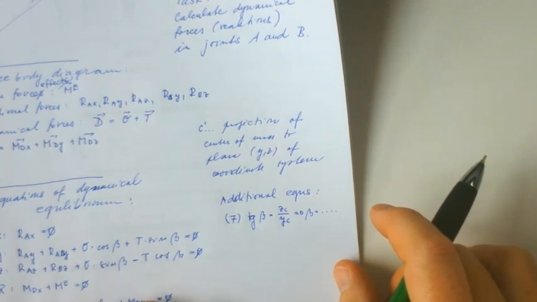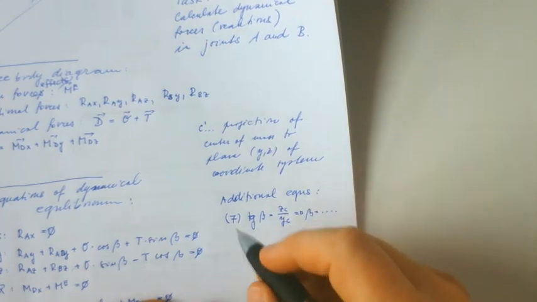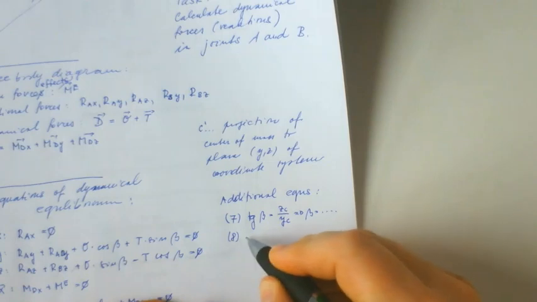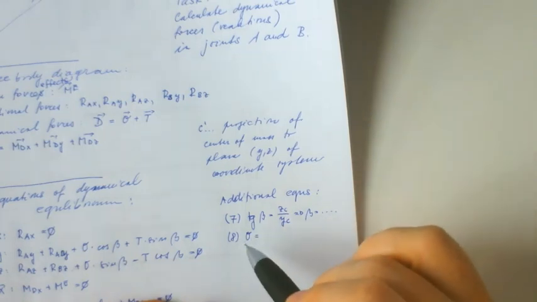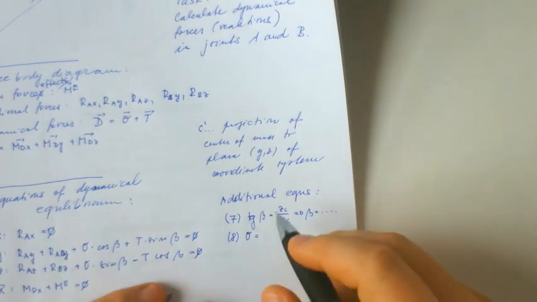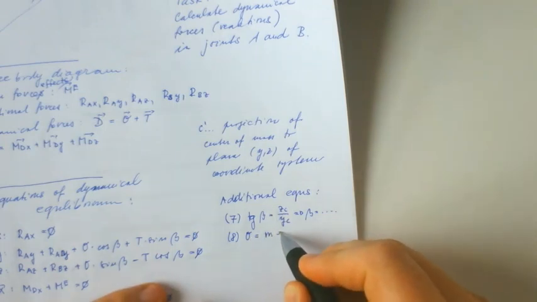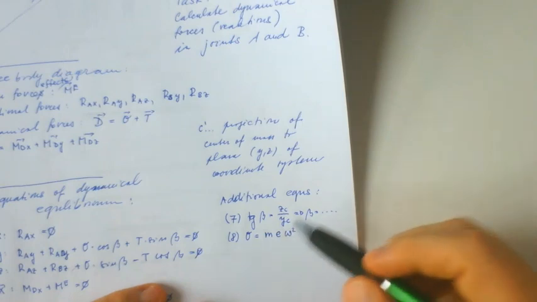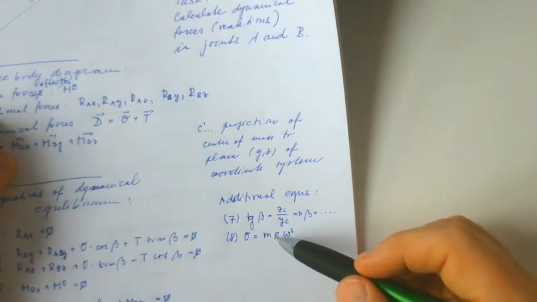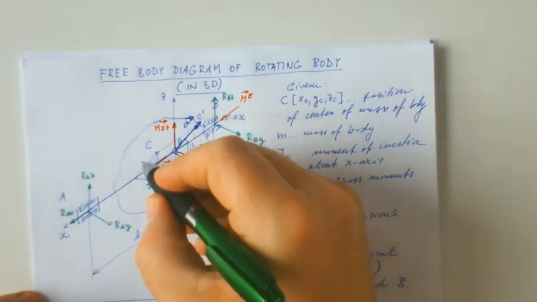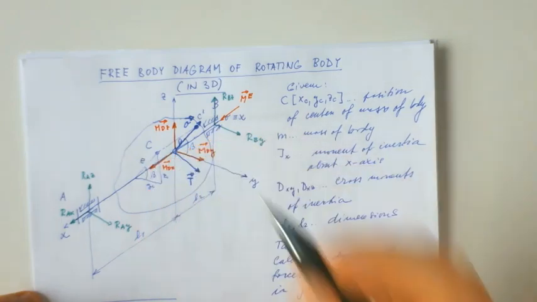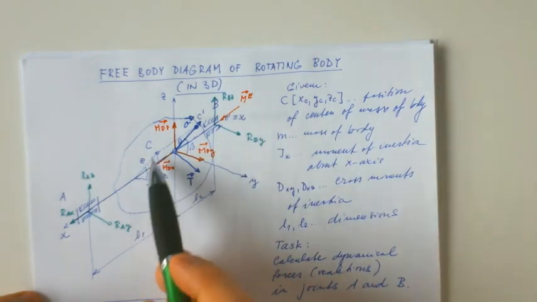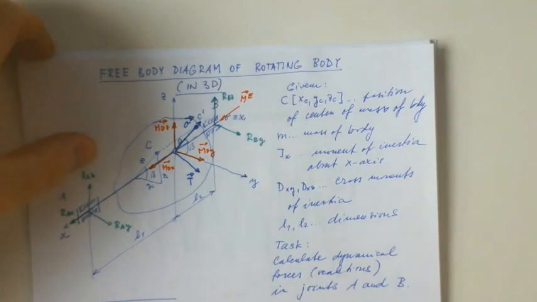Also we can define 8, what is a, the normal component of D'Alembert force. So it is m a omega square. It's a normal component of D'Alembert's force. What is a? It's this displacement, this length.